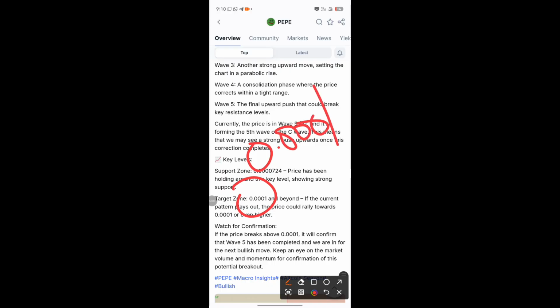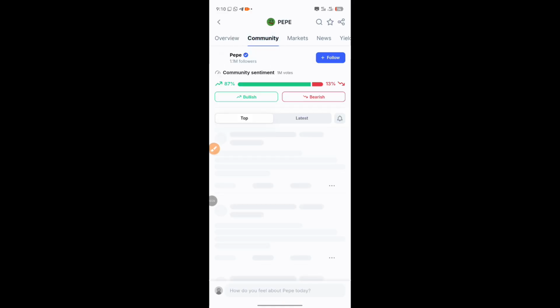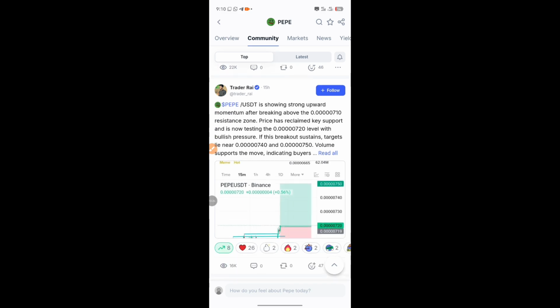If you are holding this particular coin and it gets to this level, you're going to make a reasonable profit. So what exactly are you waiting for? Dive into it, start trading it, but make sure you watch it to your own taste. Then you can trade it for profit.